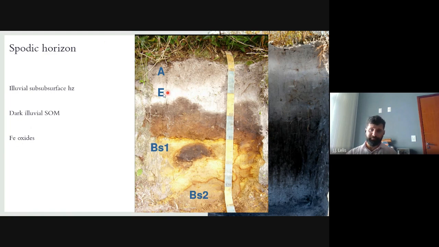Here this white horizon, this E horizon. In here, we can see again a dark color, red and brownish color, and here we can see yellow color. So here, organic matter was deposited.